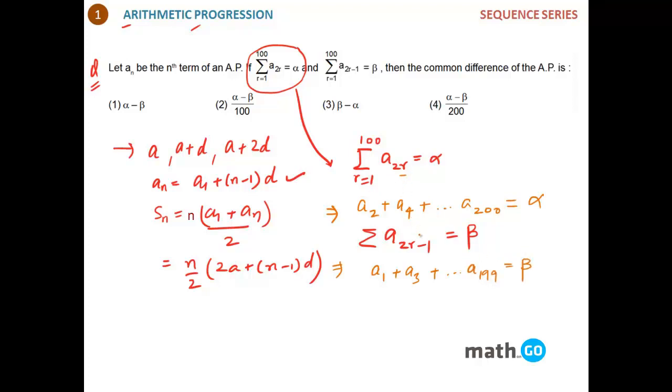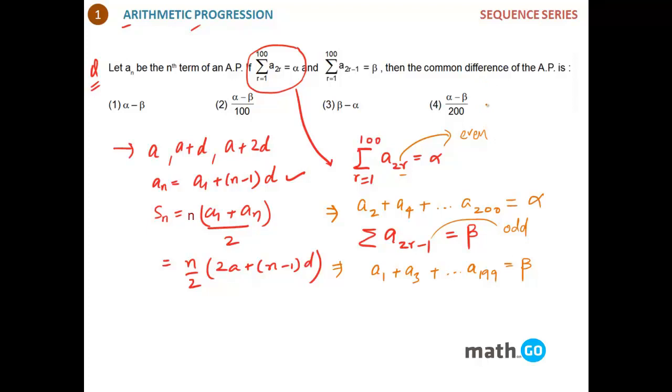Another important thing to remember from this is that 2r generally means all even numbers. So this 2r here is even numbers, and 2r minus 1 should represent all odd numbers. So alpha is the sum of all even terms of this particular AP. Beta is representing the sum of all odd terms of this particular series.